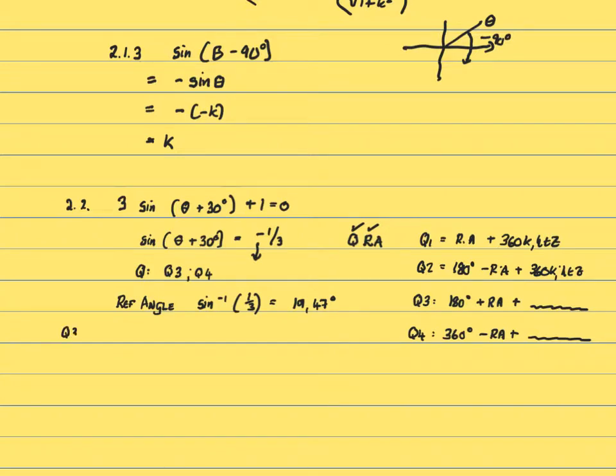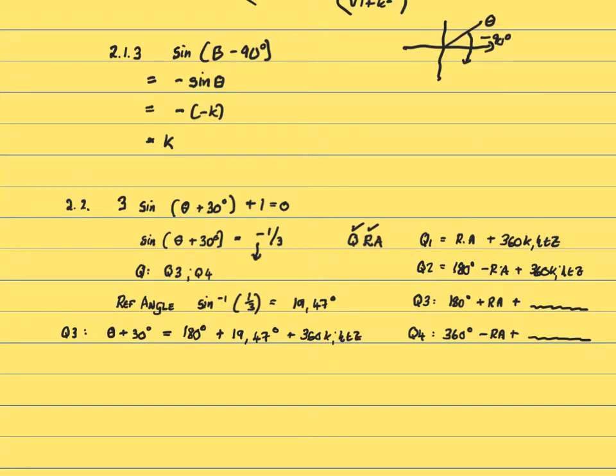So I'm going to say, right, in quadrant 3, theta plus 30 degrees must be equal to, because it's in quad 3, 180 degrees plus my reference angle plus my 360k, where k is an element of integers.